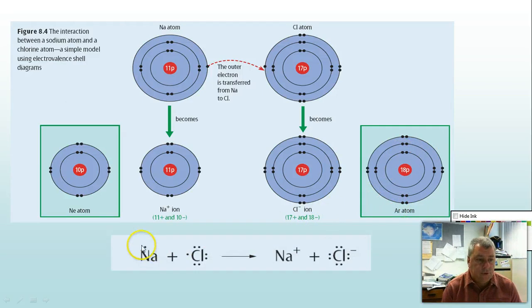They've drawn them with what's called a Lewis diagram. We haven't done Lewis diagrams yet, but we will, and it's a way of representing the electron configuration, but only the outer shell electrons. So here is your single electron in your outer shell, and here are your 7 electrons, shown like so.